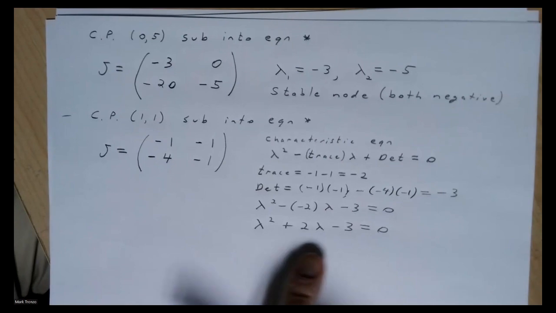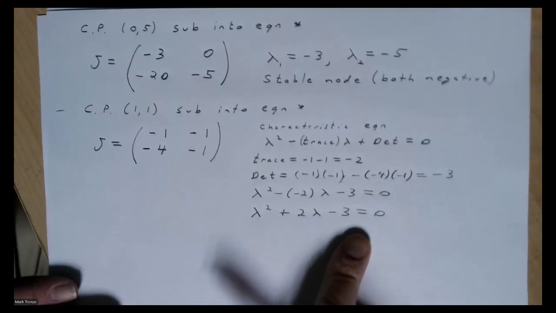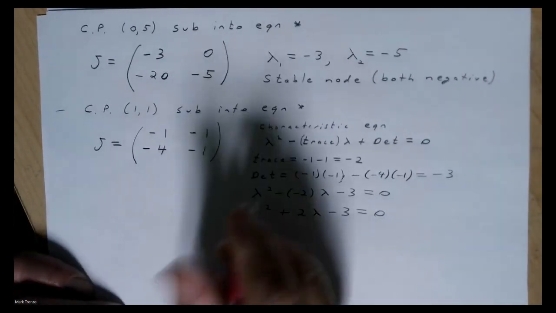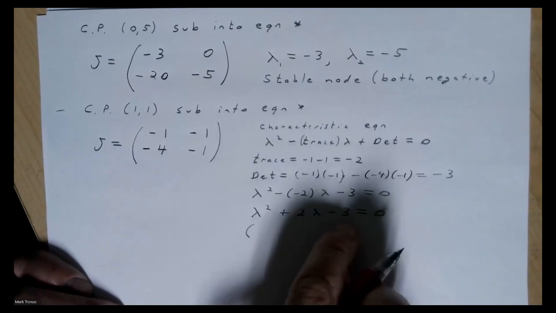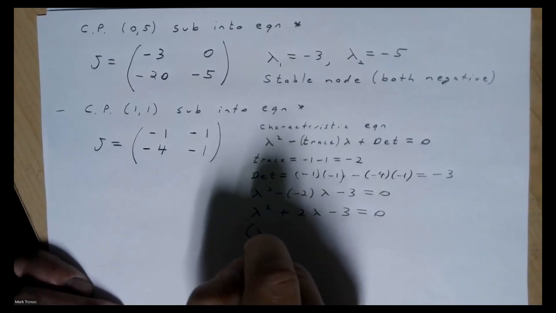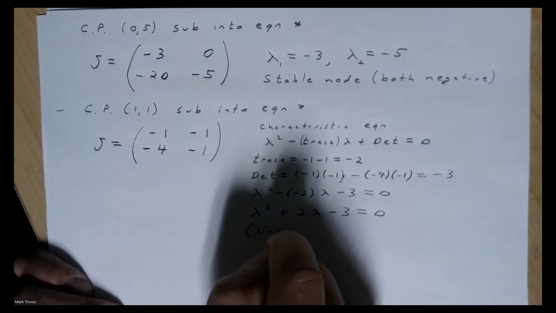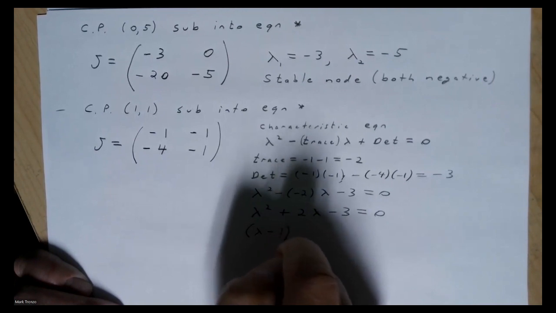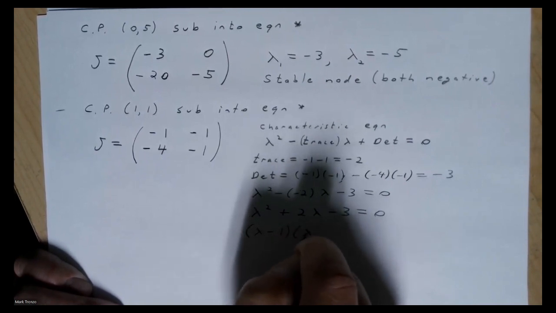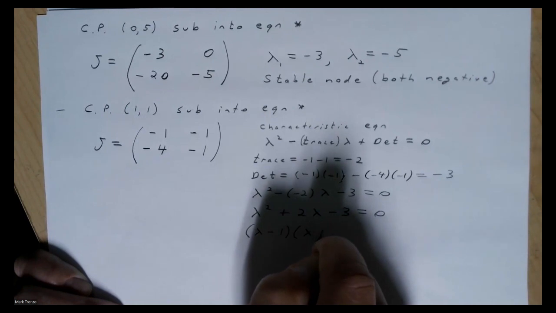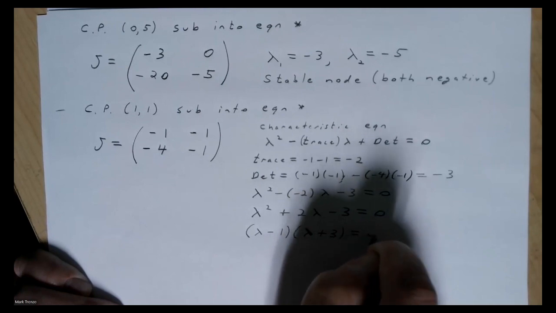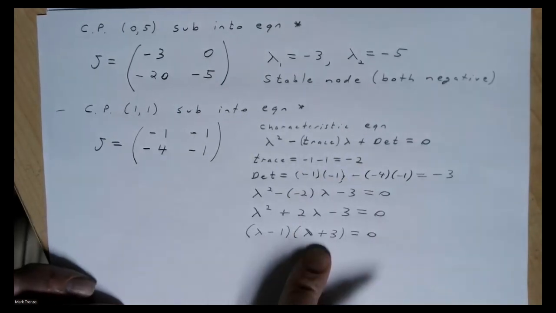You could use the quadratic formula to find lambda, though in this case, it can be factored. We need two numbers that multiply to give us minus 3, but they have to add to give us a positive 2. And so it looks like that works.